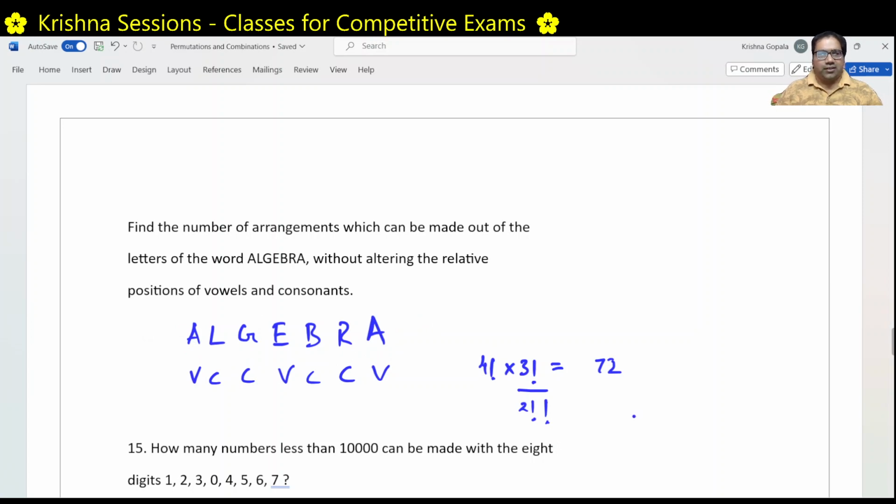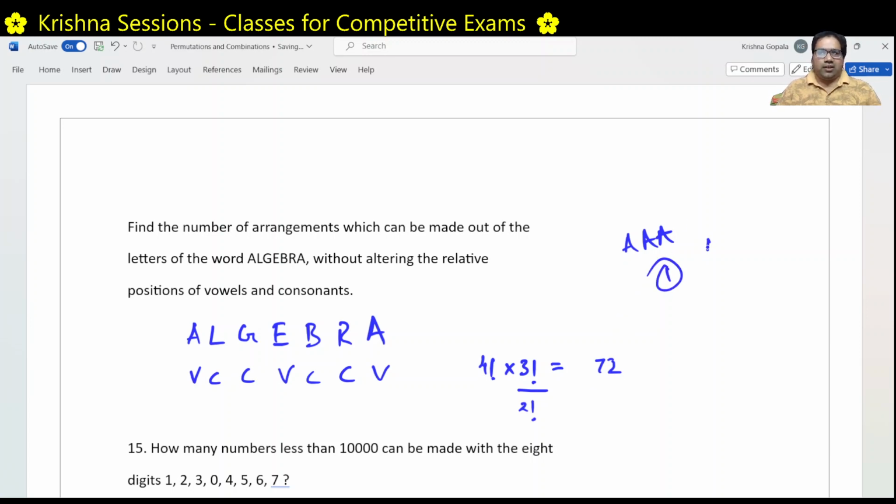Right. So 4 factorial into 3 factorial by 2 factorial. Earlier we have also discussed, because if all three are same, then there is no way of creating another permutation. Only one permutation is possible.